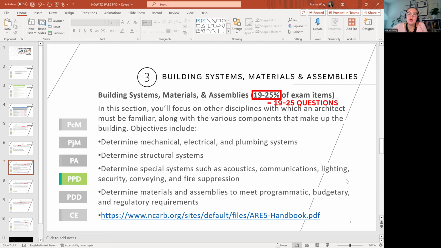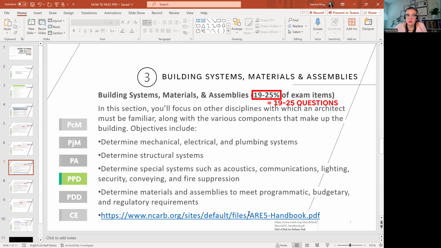And if there are any formulas that you are really worried about, please do not worry, because there are formulas that you are allowed to use during the exam. And here I pasted a link. That's the ARE 5.0 handbook from the NCARB website, and you will see that you will have that tab in your exam. So you can click on that, and there are formulas that you can use.